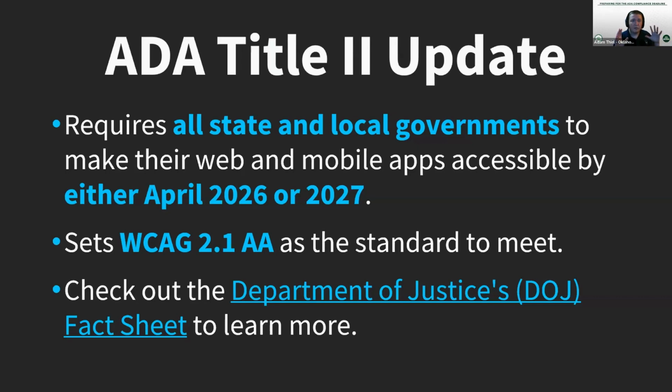And the Department of Justice recently updated Title II of the ADA to specify a digital accessibility standard, and so the wording of the law now says that all state and local governments have to make their web and mobile apps accessible by either April 2026 or April 2027.